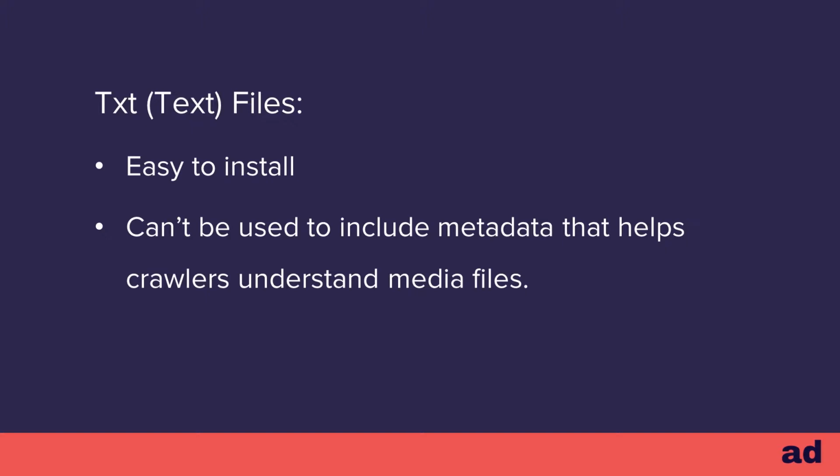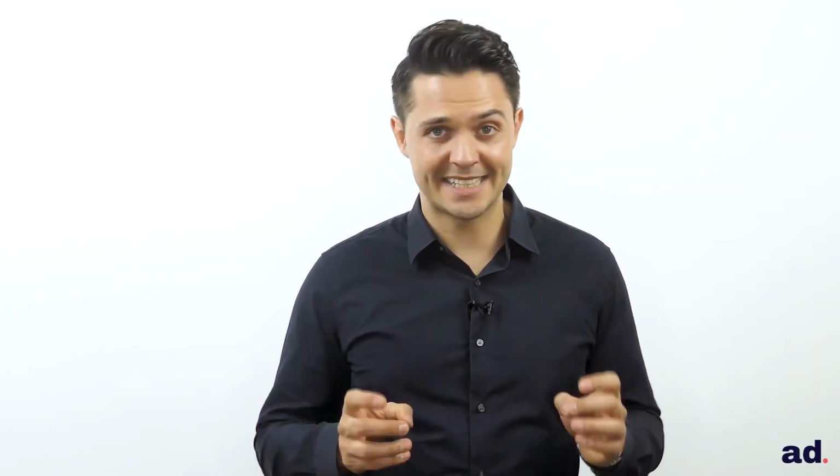The issue with them is that you can't use these files to include metadata or meta tags that help search engines analyze or parse media files, such as imagery or video that otherwise can't be interpreted. For now, we're going to focus on sitemaps in XML format, as they're the most widely used and easily crawlable versions. So, how to install one?